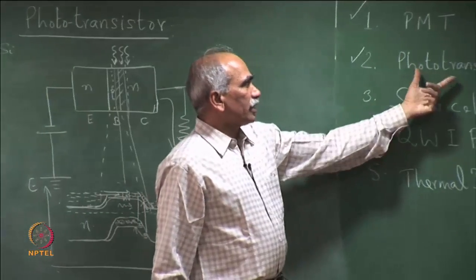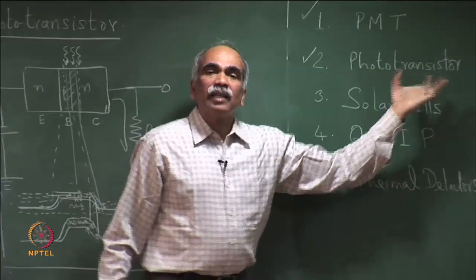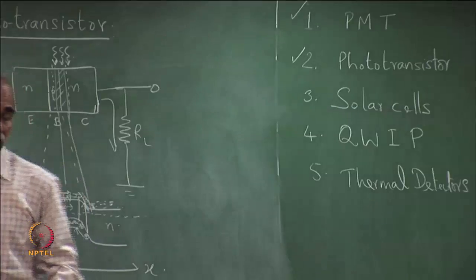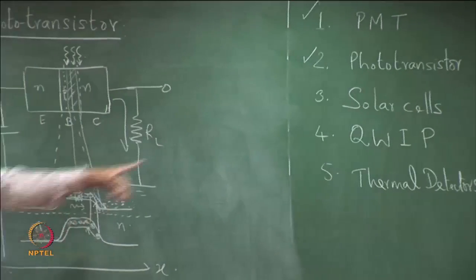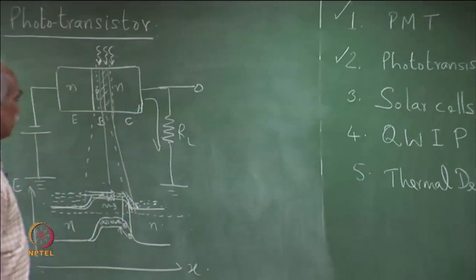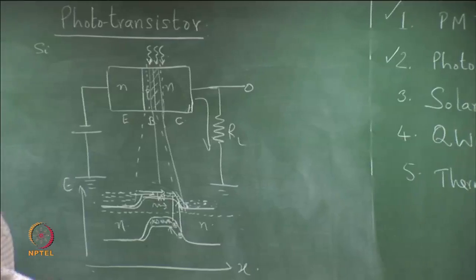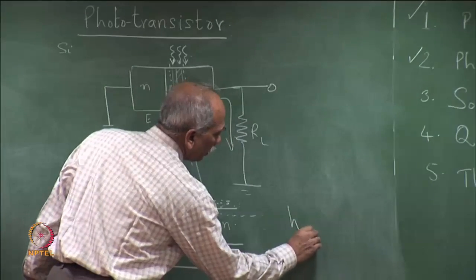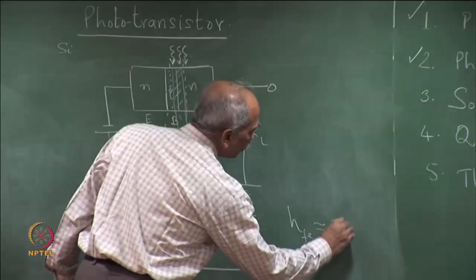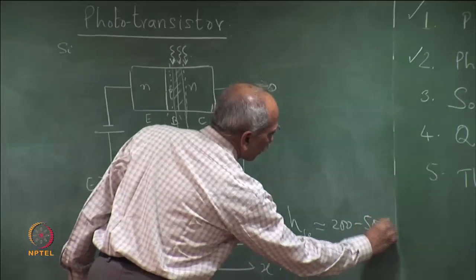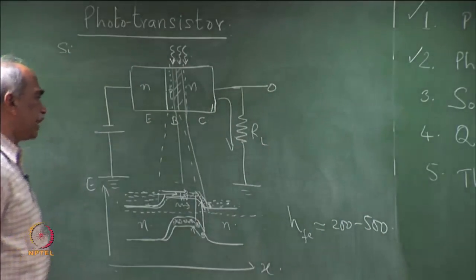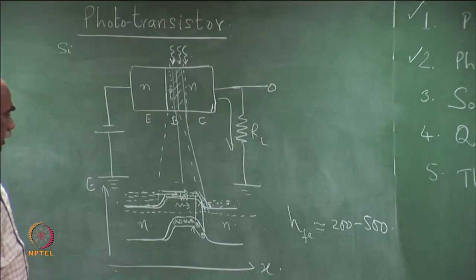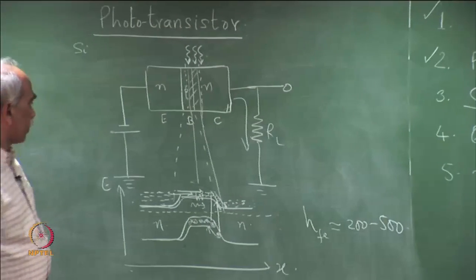The phototransistor works on transistor action, which also provides an overall gain to the photocurrent. Typical current gains, h_FE, are of the order of 200 to 500 in phototransistors.